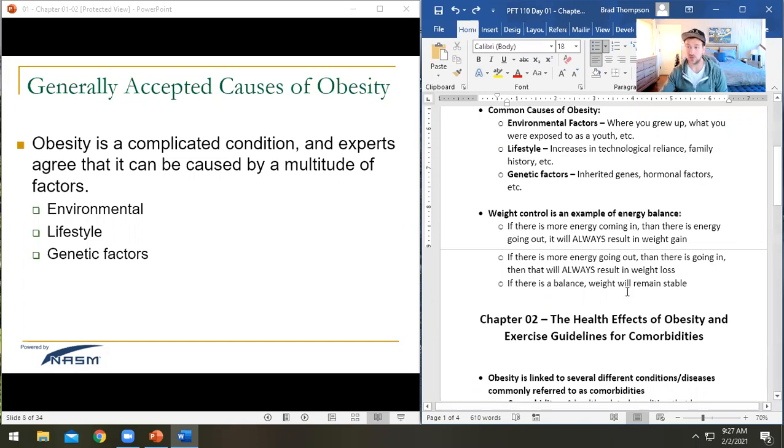Not saying it's better or worse, but it definitely results in a different amount of energy expenditure. And then there are genetic factors. Make no mistake, there are inherited genes or certain hormones. I spend a lot of time talking about the stuff that we have control over, but there is plenty of stuff that you don't have control over.